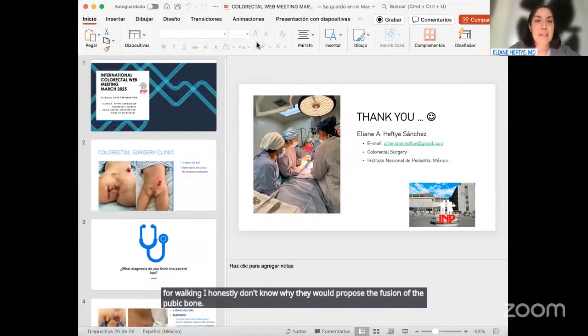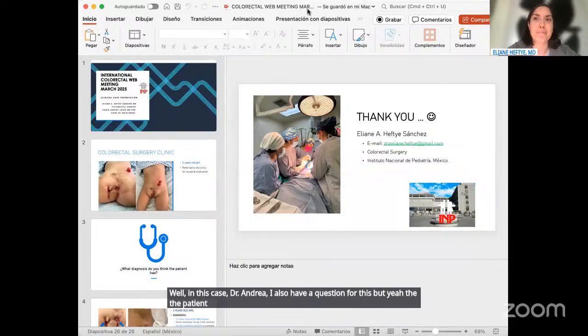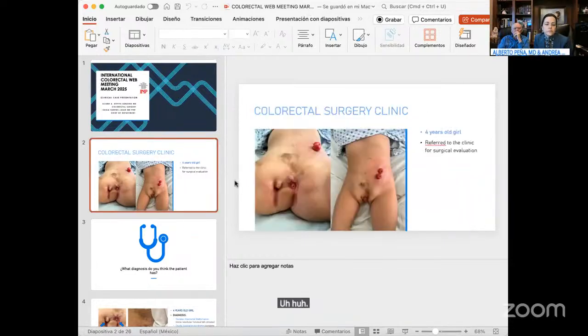Well, in this case, Dr. Andrea, I also have a question for this. The patient, for walking, was walking a little bit asymmetrical. Here I'm going to show you this picture.